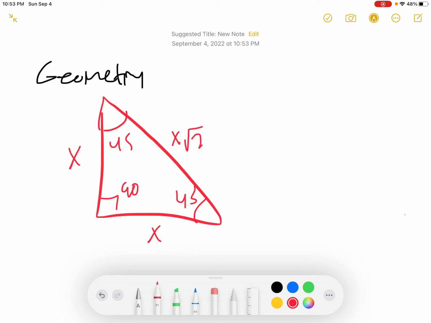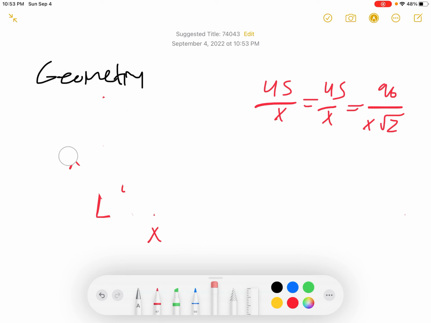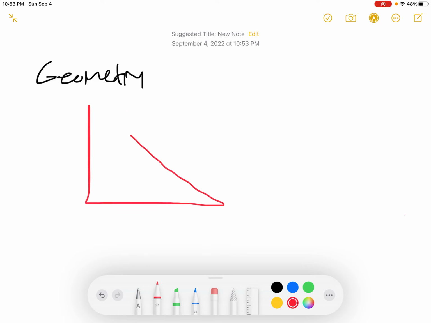Well, that's just telling you the relationships between them. So that could help you solve for things if you had lengths of sides. There's also one other kind that you might want to know, which would be, I'm going to try to draw this the best I can.